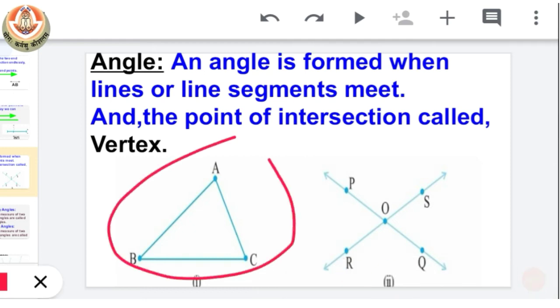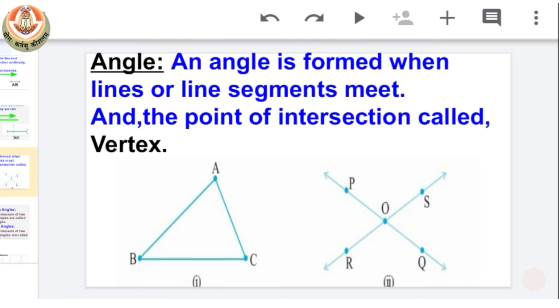Here with the help of three line segments we have three angles, and here with the help of two lines we have four angles.